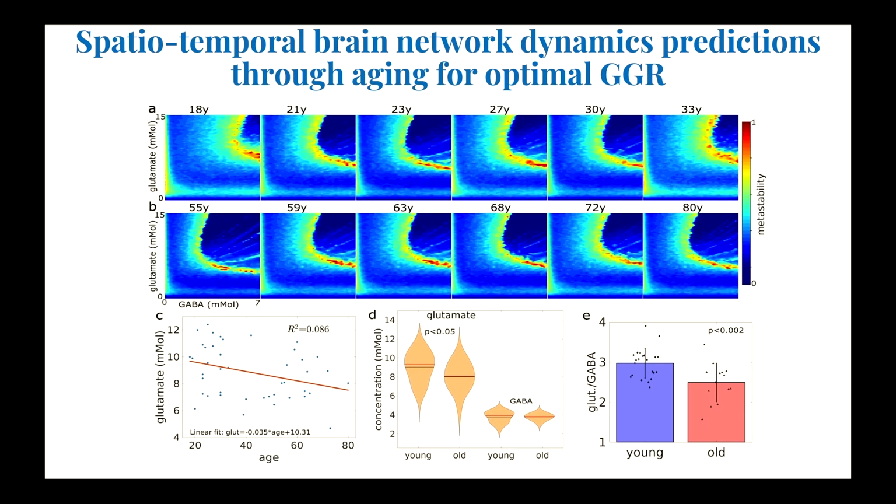Now, going forward, we can model the dynamics you saw in that movie by looking at 18 years old all the way to 80 years old, and ask the question: in the two parameter space, that is GABA and glutamate, if the concentration is adjusted or changed in the multiscale dynamical mean field model, do we see a systematic change in the maximal point where the metastable dynamics becomes maximized, right?